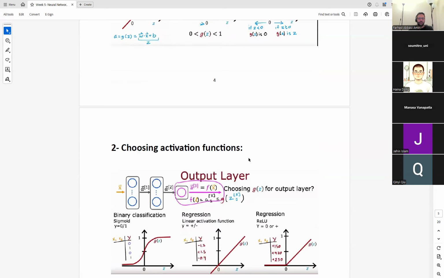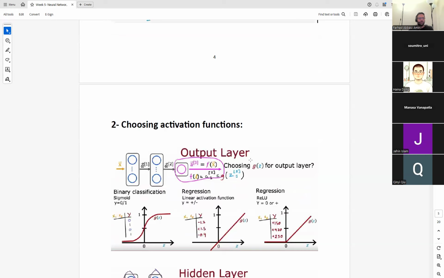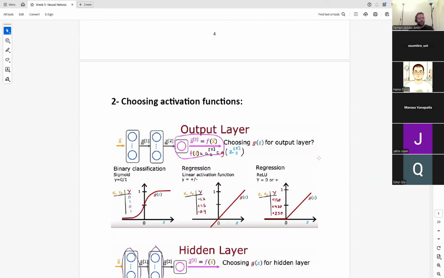Choosing activation functions. Okay, right now you have three activation functions: linear, sigmoid, and ReLU. Let's say we have this neural network structure, two hidden layers and one output layer, right? And on the other hand, we have three activation methods: the sigmoid, the linear activation function, and the ReLU.